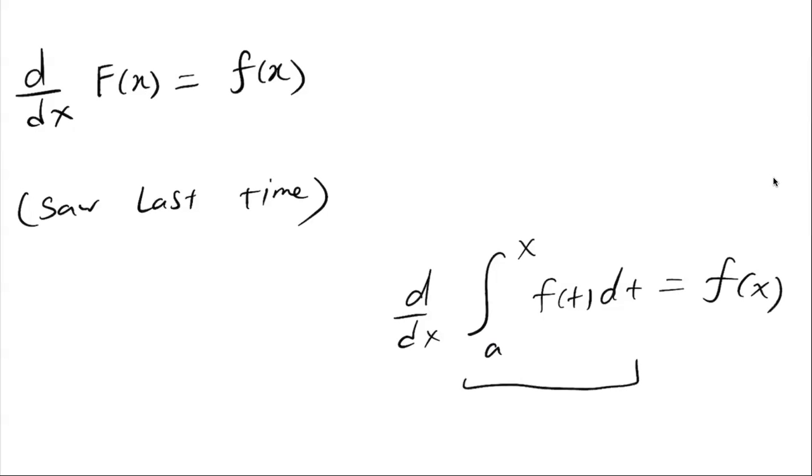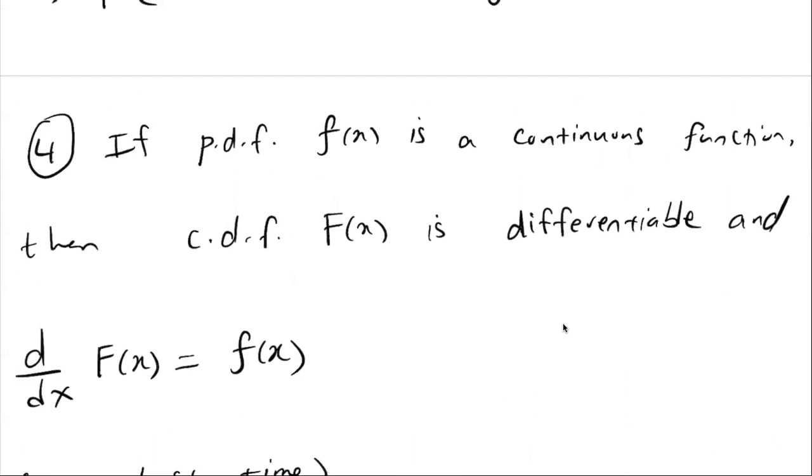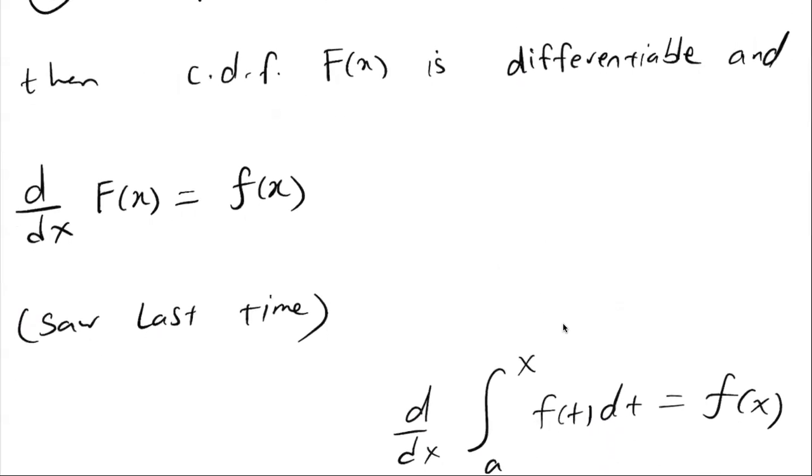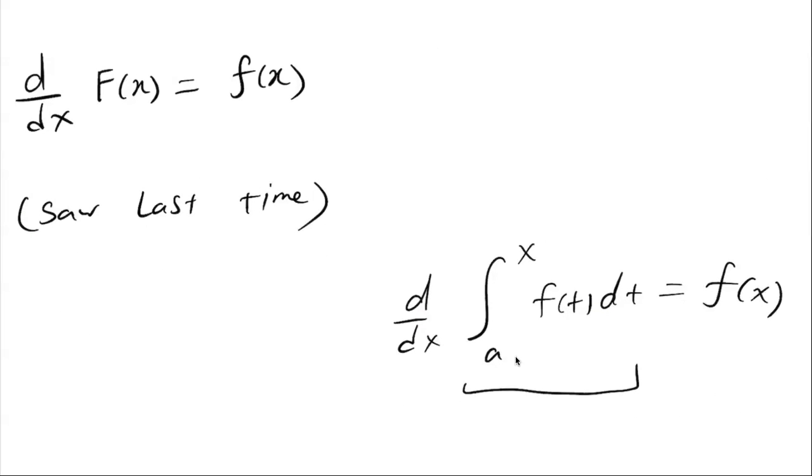So you called this function the area function, and you verified that this function is differentiable, and the derivative of this function is the original function small f, as long as the function inside the integrand is continuous. So again, we are in the same situation here. Instead of a to x, here we have minus infinity to x, which is our capital F of x.